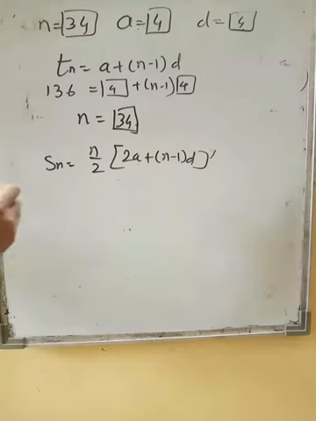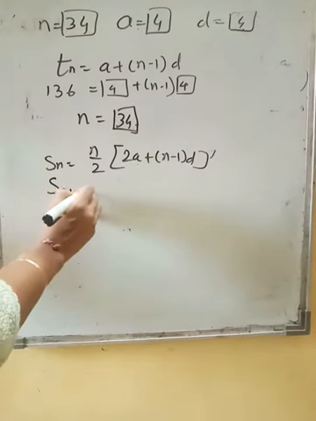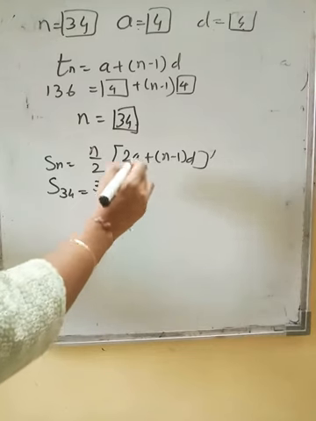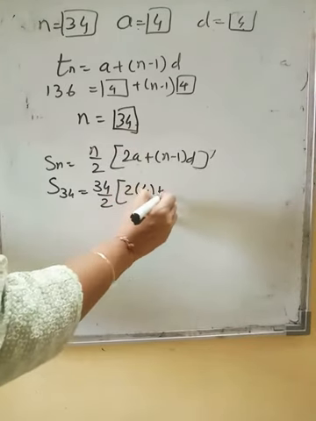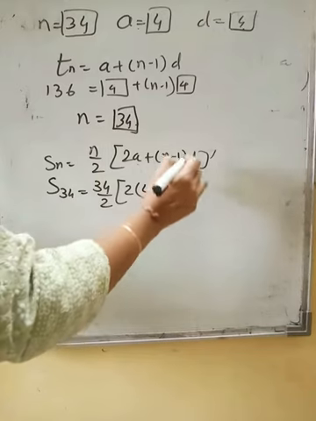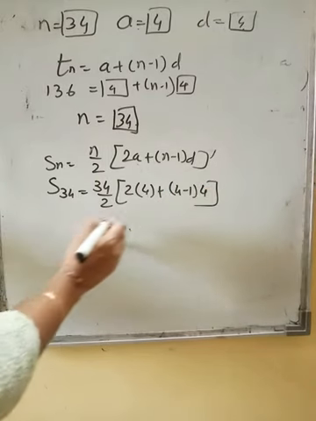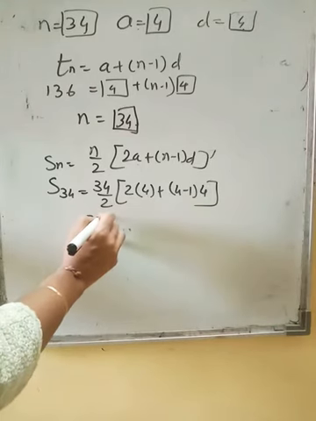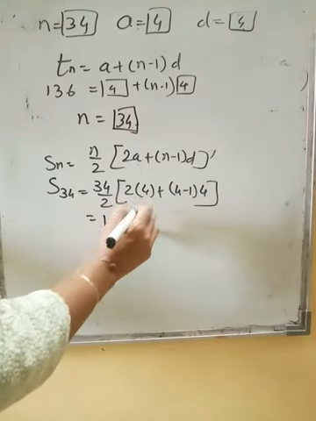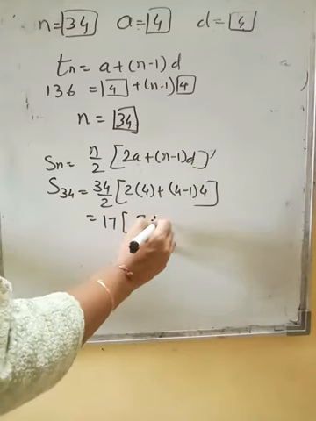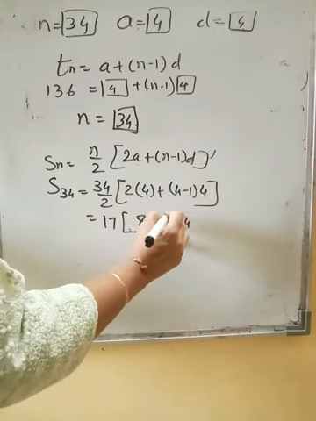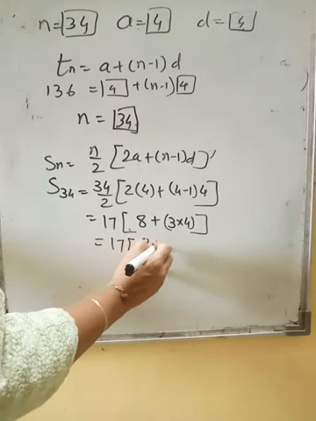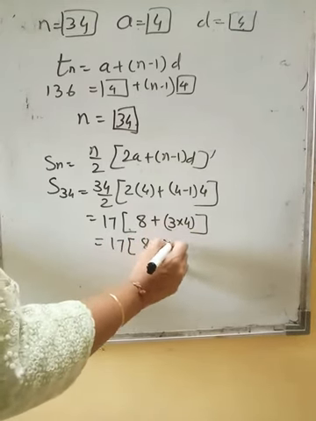So now S34, let us find out. S34 will be 34 upon 2 into what was A? 4. And what was D? That was also 4. Correct? So 34 upon 2 is 17. And here 2 4s are 8 plus 3 into 4. So 17 into 8 plus 4 3s are 12.